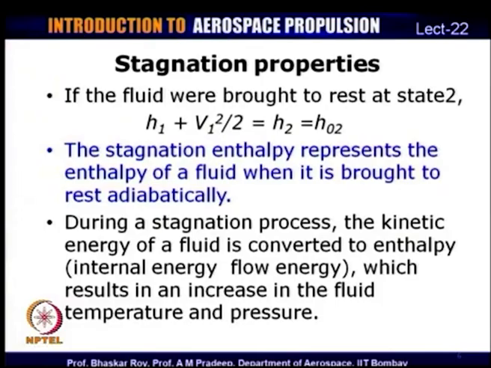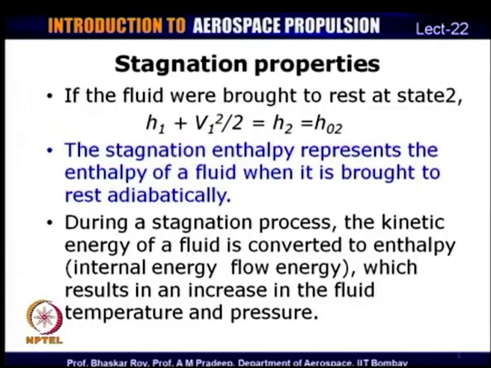That is, because in this case there was no heat interaction or work interaction across the system boundaries. So, stagnation enthalpy basically represents the enthalpy of a fluid when it is brought to rest adiabatically.